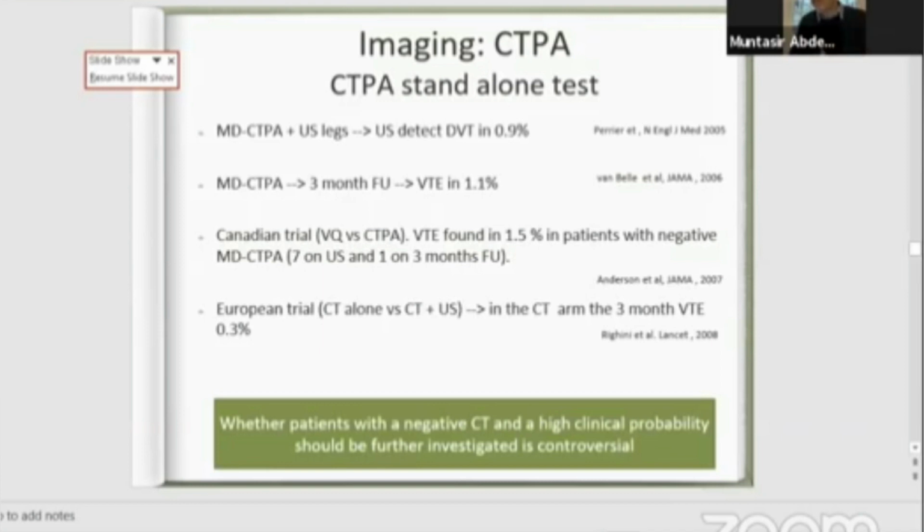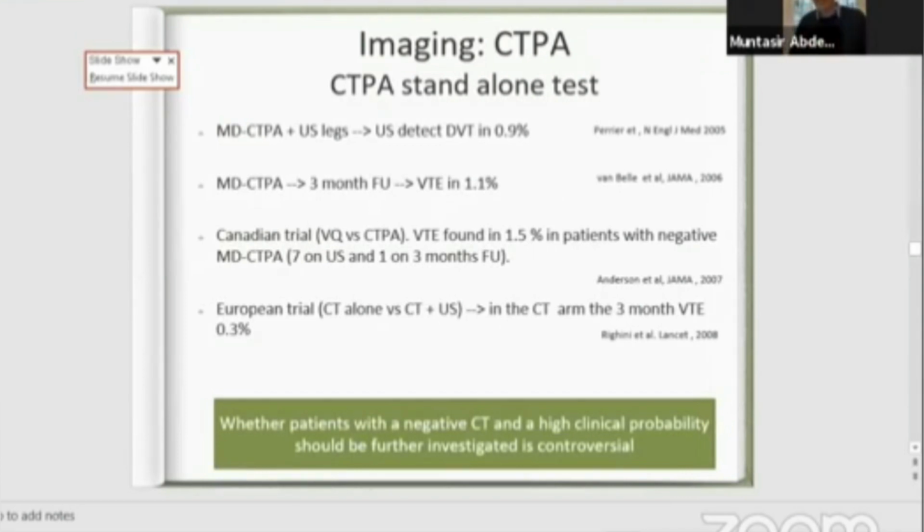In this trial, they found that with negative CTPA, pulmonary embolism was missed in 1.5%. And there's another European trial, the last one on the slide. After 3 months, they found that they missed PE in only 0.3% of the people who had only a CT scan. They compared people with CT scan against people with CT scan plus ultrasound.